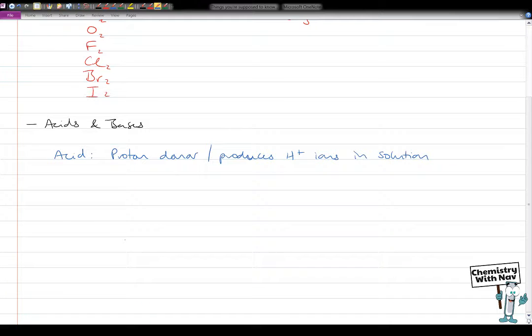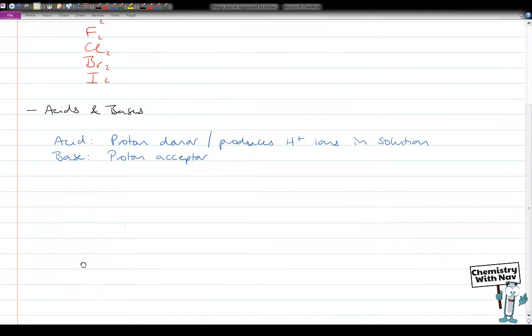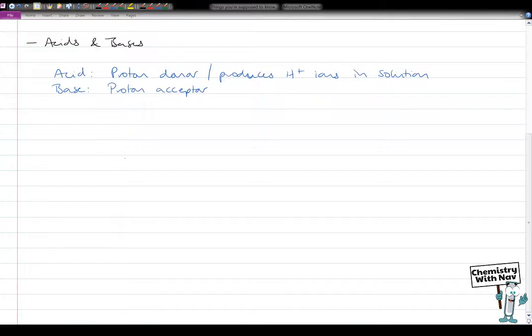So if I take some sort of substance and I try to dissolve it in water, then I will get free H+ ions if that substance is an acid. If we have a base, that means that we have a proton acceptor. I'll do a little diagram in a moment showing this proton donating and proton accepting.